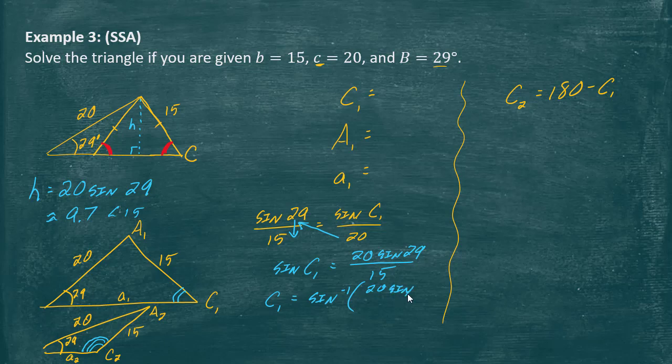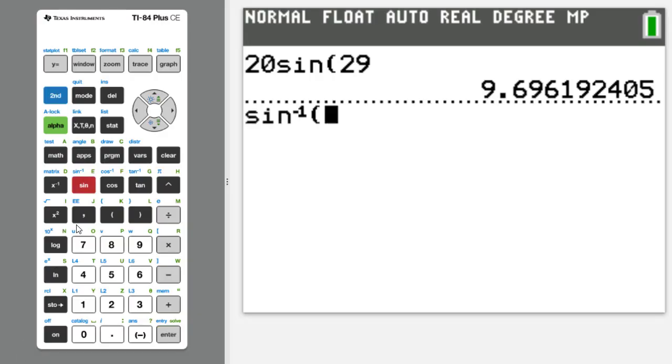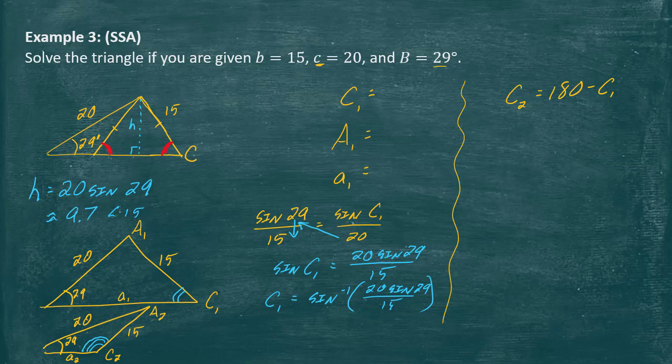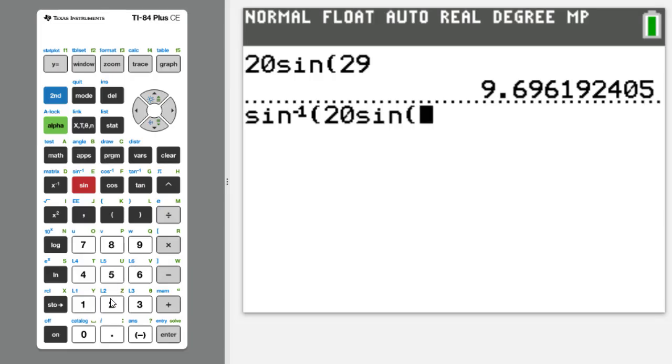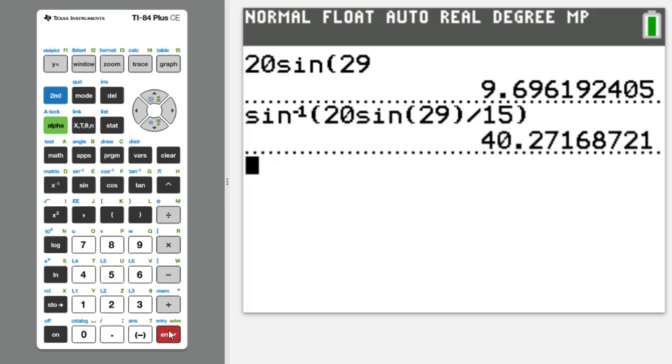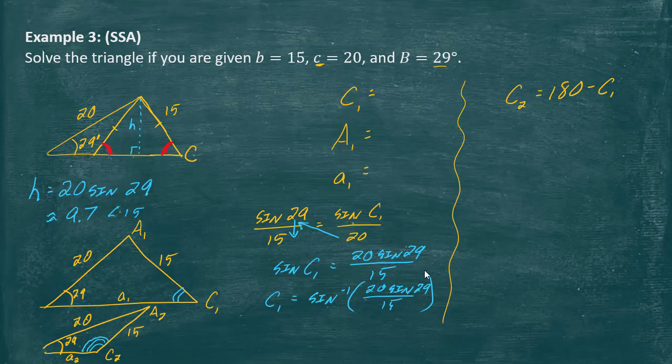So sine of 29 times 20 all over 15, and now bring the calculator into the problem. So it would be the inverse sine of 20 sine of the angle we had, which was 29, and then divided by the side that I did know, which was 15. And if I press enter, notice it gives me this 40.3 or so degrees.